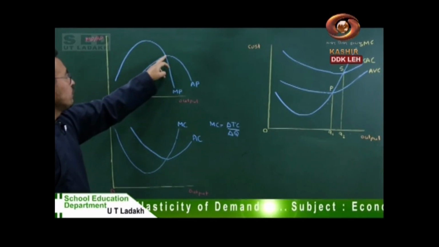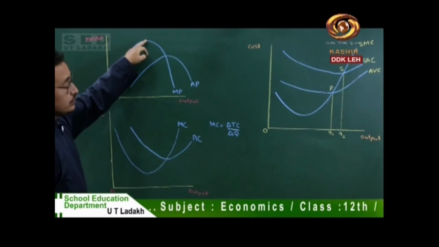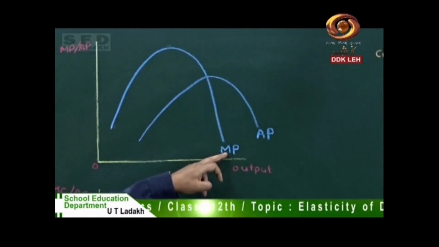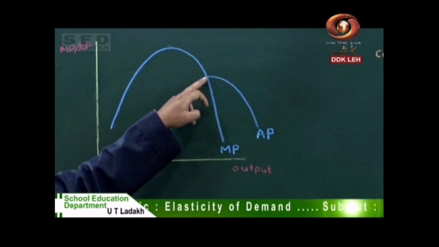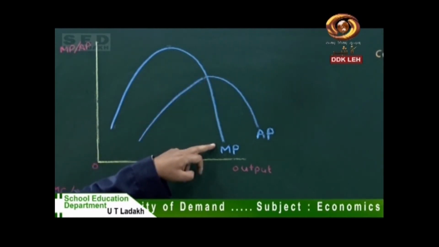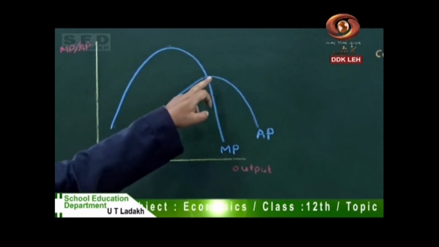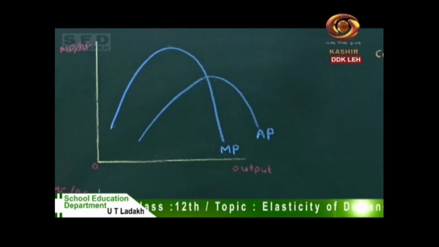Initially your average productivity will increase since your marginal productivity is also increasing. But after some point your marginal productivity will start falling, but average productivity will still increase up to some point where it intersects the marginal productivity curve, where it will be at its maximum value. After that your average productivity curve will also decrease.